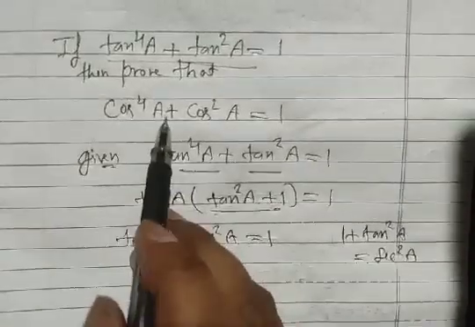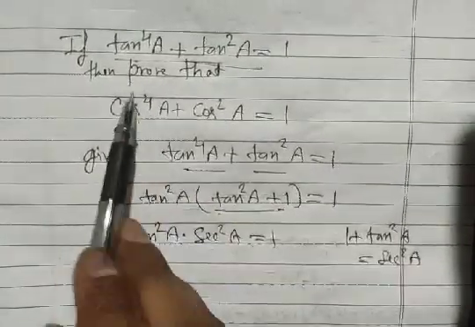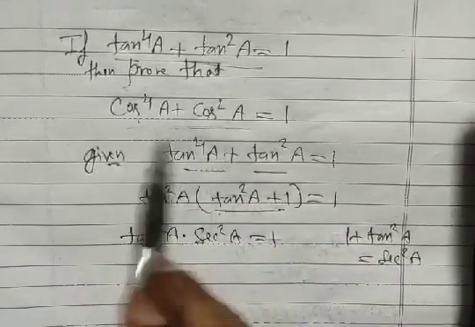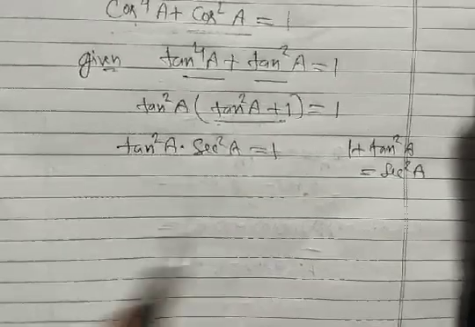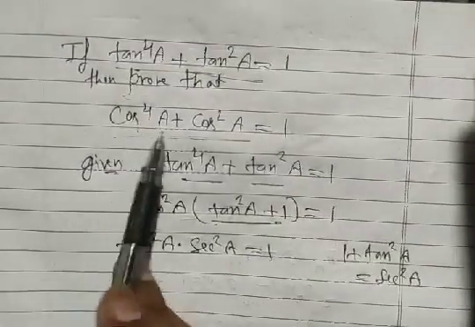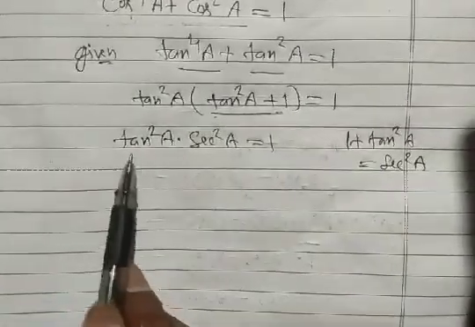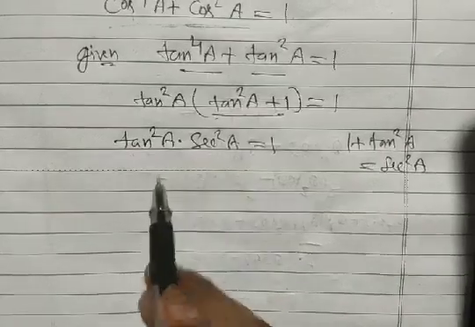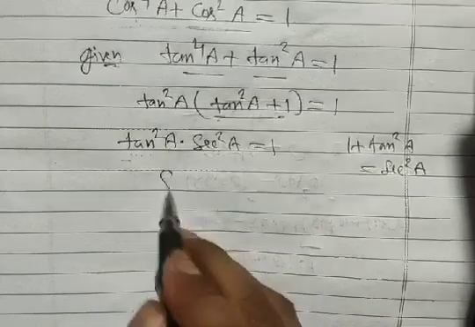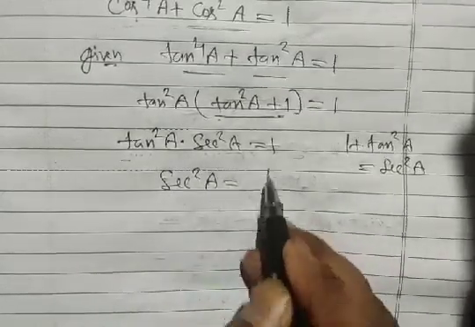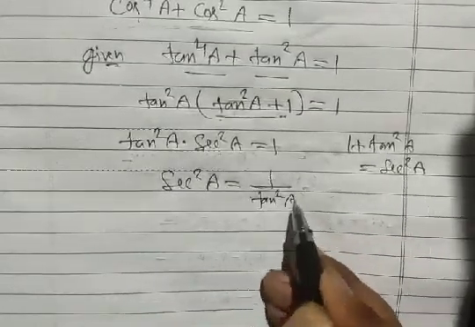Now we started with tan, but we need our proving part in terms of cos. So we have to convert this in terms of cos. We shift our tan to the right hand side. Now we have sec square a equal to 1 upon tan square a.